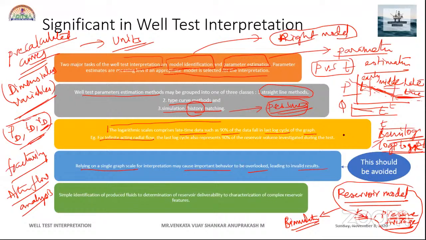It is like hit and trial. Now, simple identification of the produced fluid to determine the reservoir deliverability, and the complex features, so we can range from your reservoir deliverability to your complex features like fractures or faults. All this we will be going into.